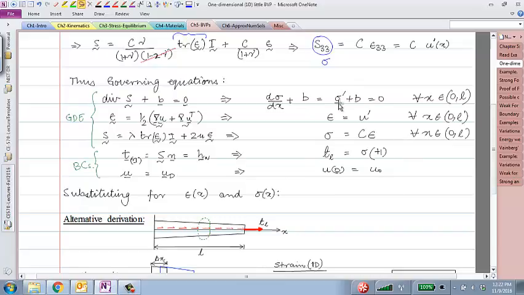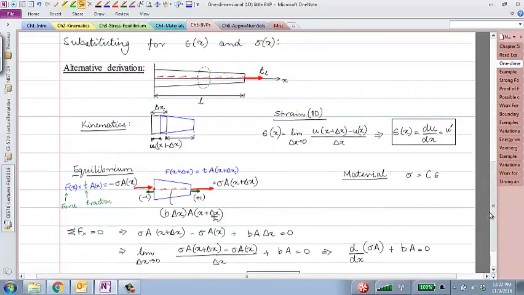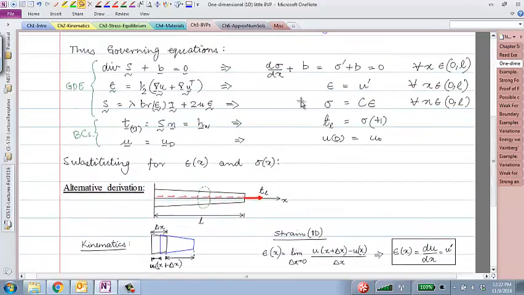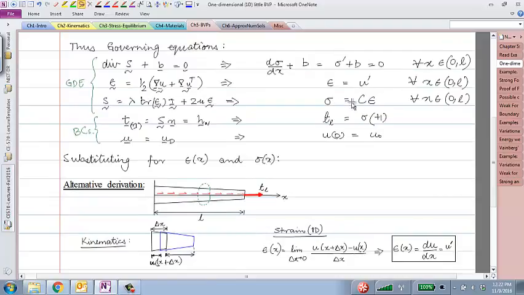dimension. These are equations we can very easily integrate and solve. Okay, and there's an alternate derivation of the same set of equations given here, but I'll not go through that.